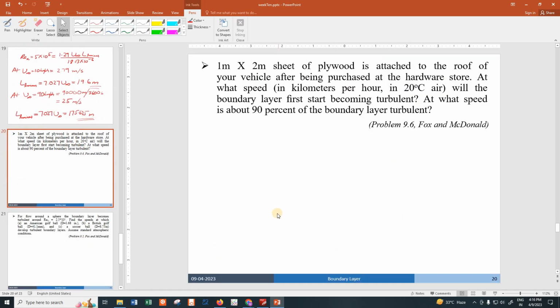So let us go to the second question. This question is also very similar to the first one.